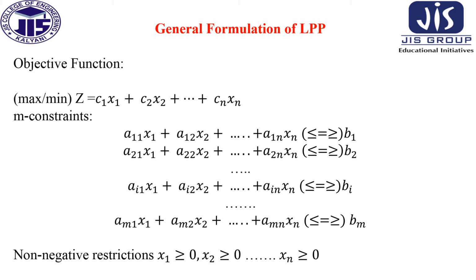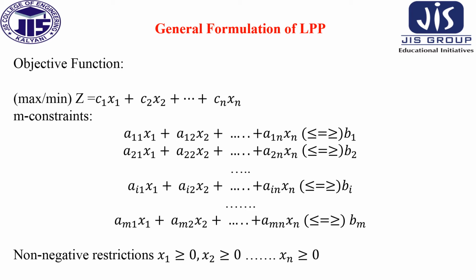Second is a21 x1 plus a22 x2 plus dot dot a2n xn less than equal to or greater than equal to b2. Then ai1 x1 plus ai2 x2 plus dot dot up to ain xn. This is the general ith term, and the mth term will be am1 x1 plus am2 x2 plus dot dot amn xn less than equal to or greater than equal to bm.